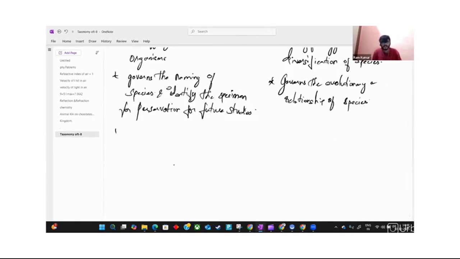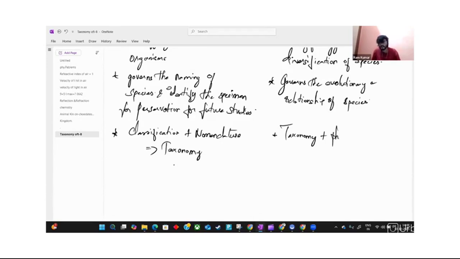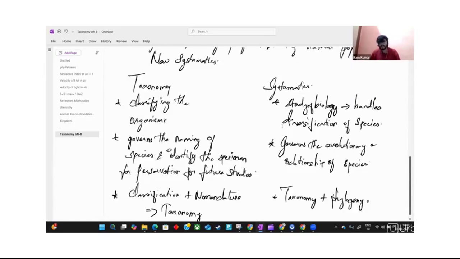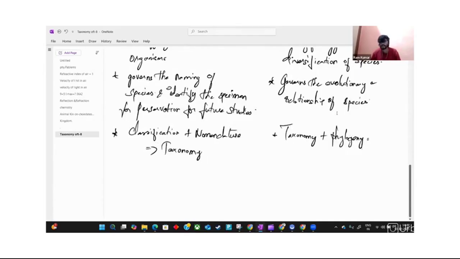So generally we say taxonomy is classification of the species plus nomenclature, whereas systematics is taxonomy plus phylogeny. Phylogeny means the diversification of the species and the relationship between the species. So taxonomy plus phylogeny is systematics.